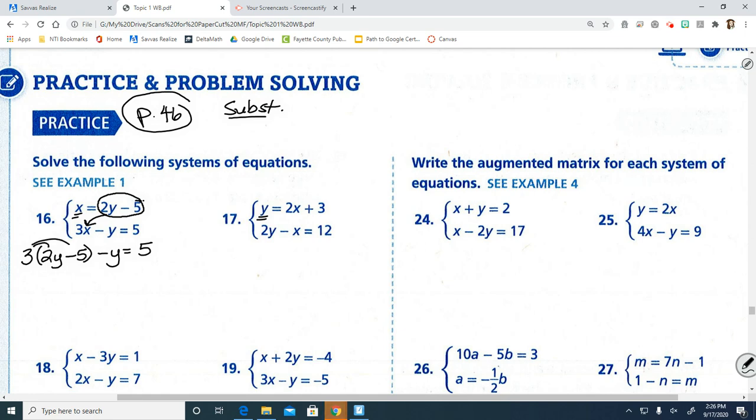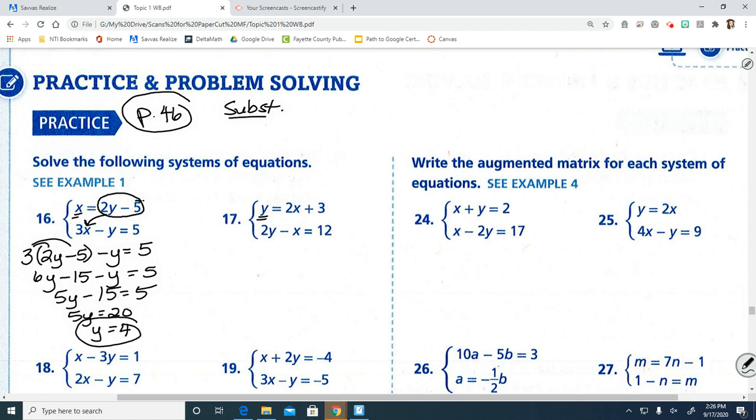Then I can distribute the 3: 6y minus 15 minus y equals 5. Combine like terms: 6y minus y is 5y, minus 15 equals 5. 5y equals 20, and y equals 20 divided by 5, which is 4. So I get a y value of 4.